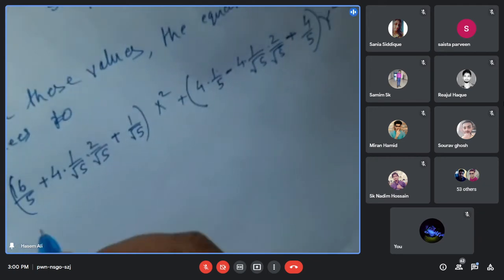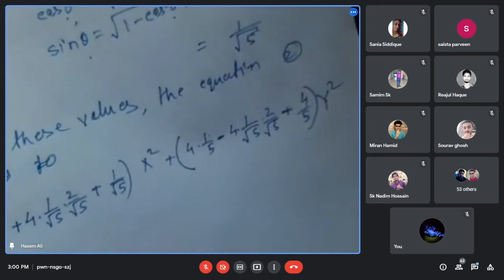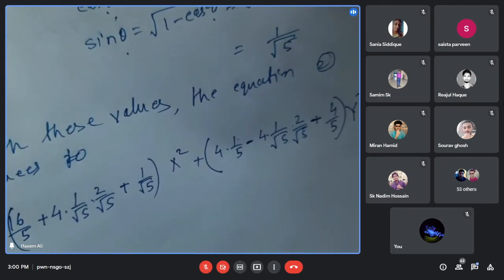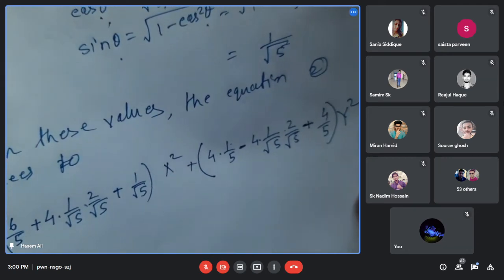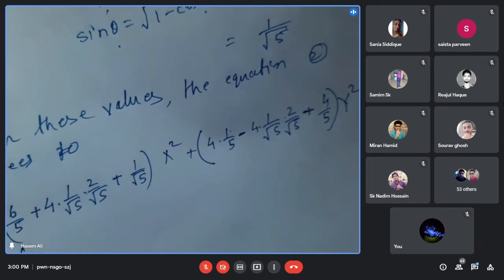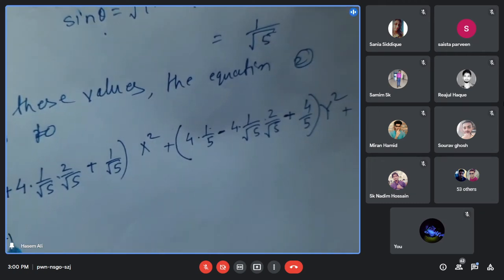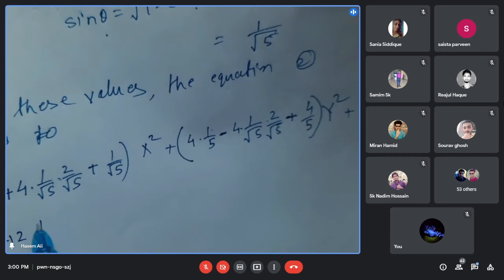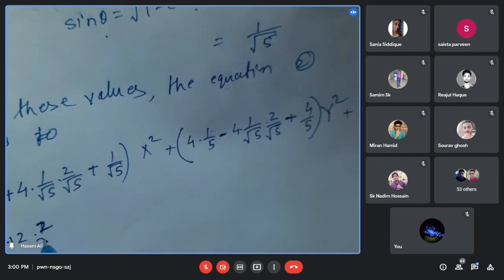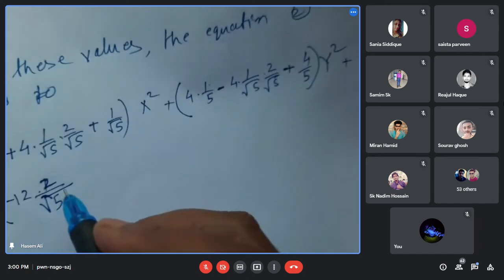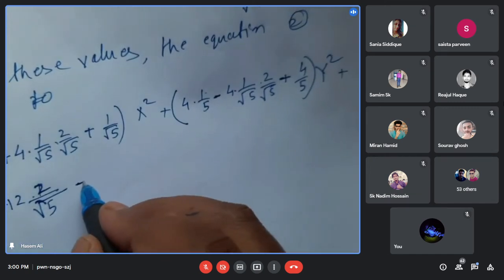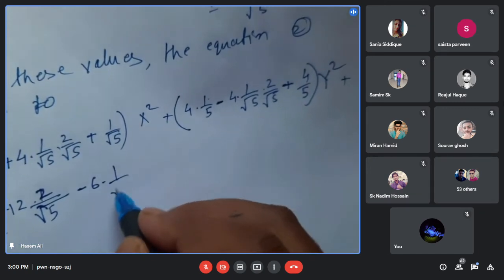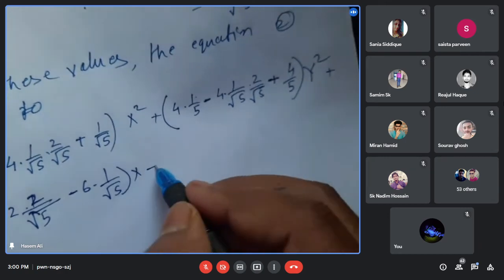Now the coefficient of x. This is minus 12 cos theta, that is minus 12 into 2 by root 5, and minus 6 sin theta, that means minus 6 into 1 by root 5, into x.